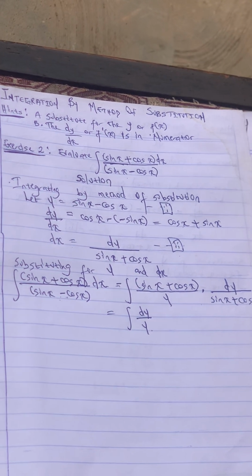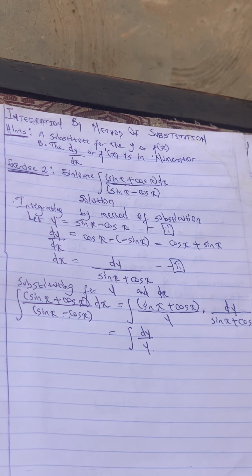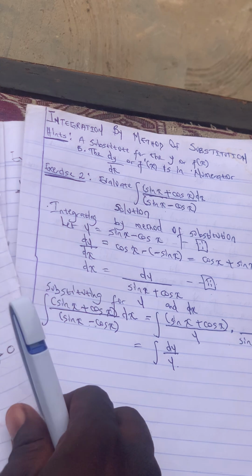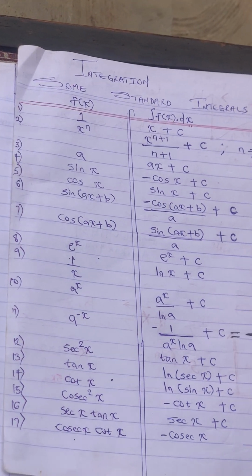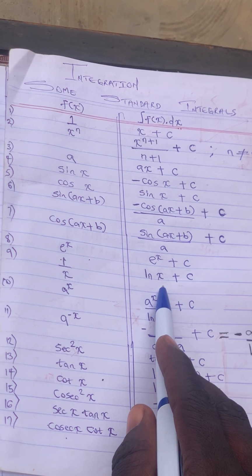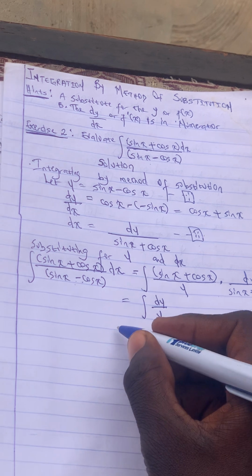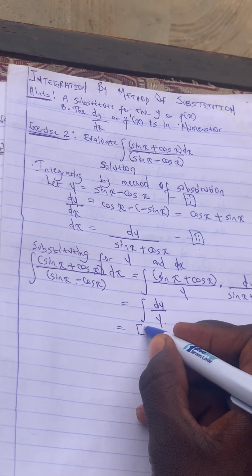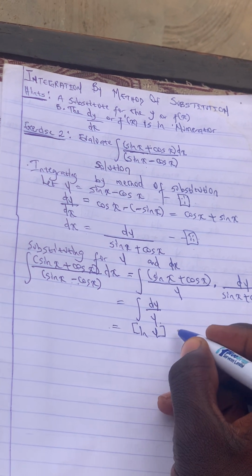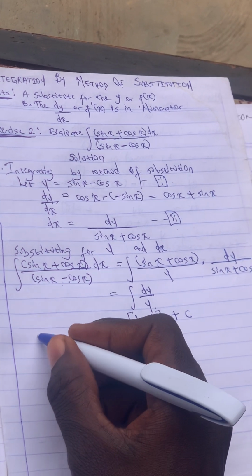And also, how do we integrate this? According to the standard integrals we did in our last class, integrating 1 over x will give us ln x plus c. Then if that is the case, integrating 1 over u will give me ln u plus c. Now, what is u?